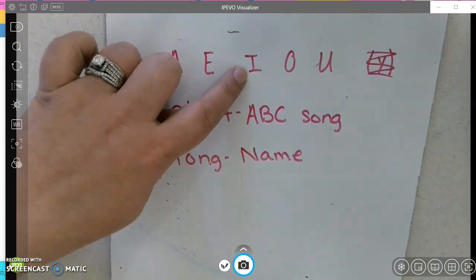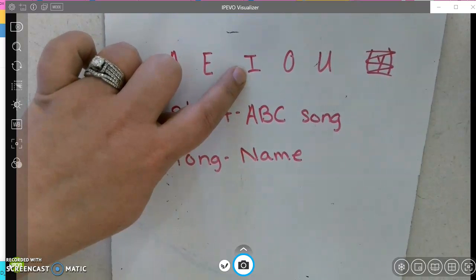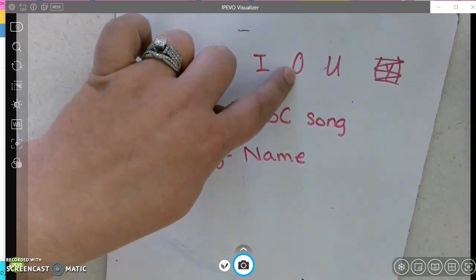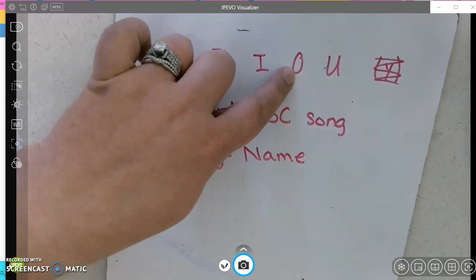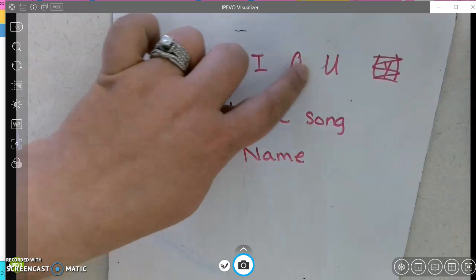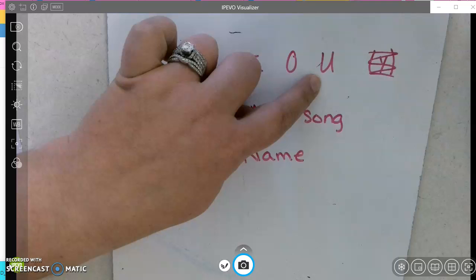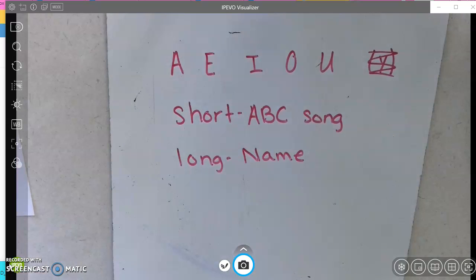Long I says I like the word I. Short O says O like octopus. Long O says O like orange. Short U says U like umbrella. Long U says U like unicorn, okay?